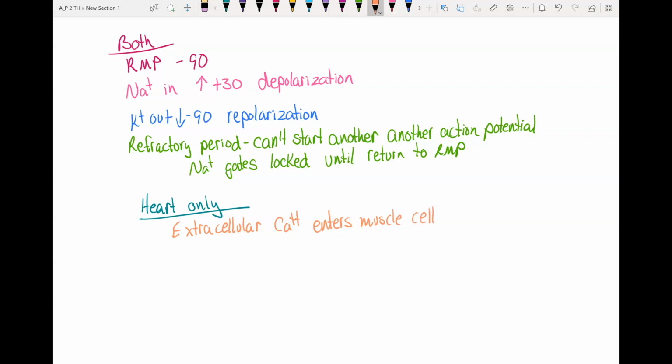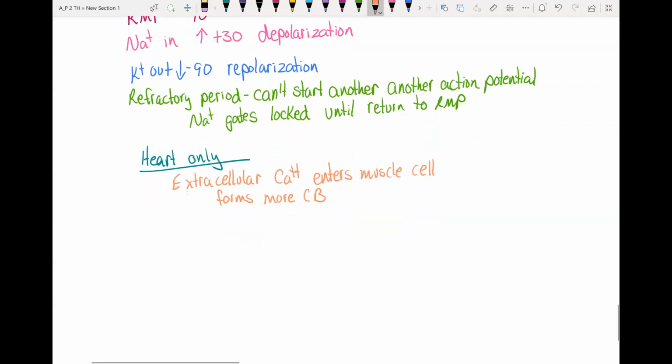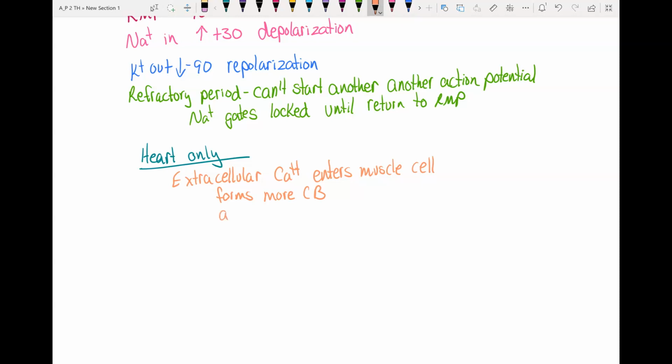We already talked about this: extracellular calcium forms cross bridges, and this is what gives you more cross bridges. The more of it you let in, the more cross bridges you get. It also raises voltage because it is a cation that's entering.